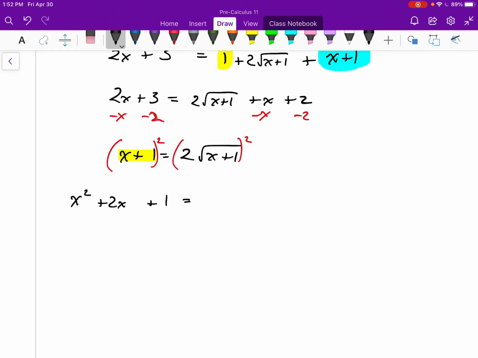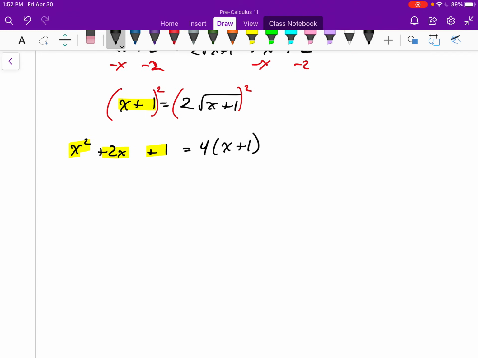So again, x plus 1 squared is x squared for the first term, 1 squared, or 1 for the last term, and then x times 1 times 2 for the middle term. The other side, I have 2 times root x plus 1. Well, 2 squared is 4, and then root x times itself is just x plus 1.